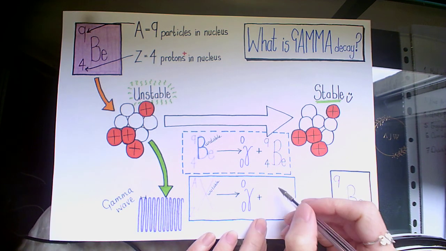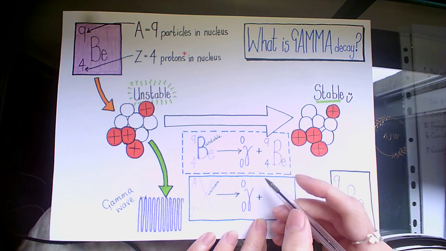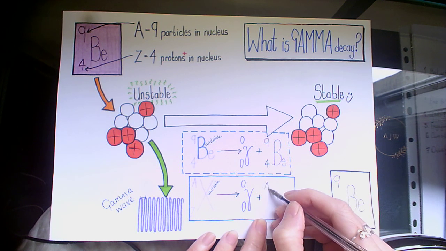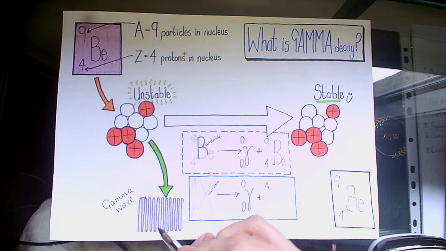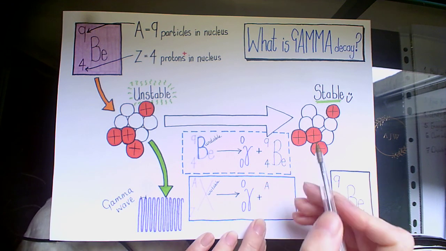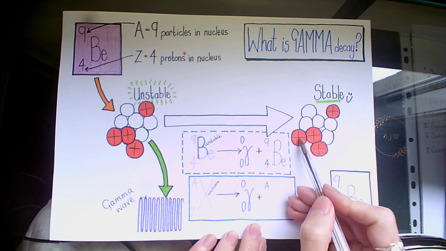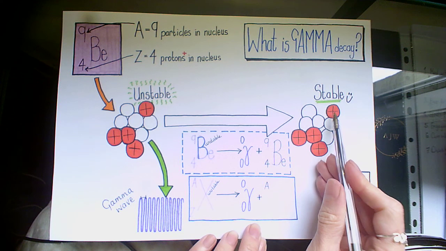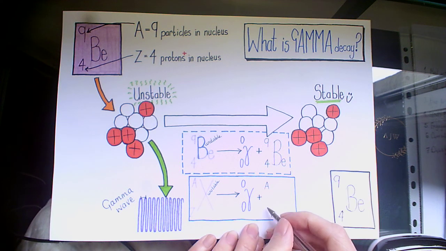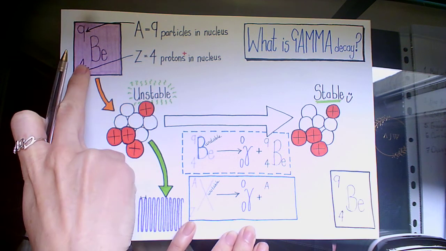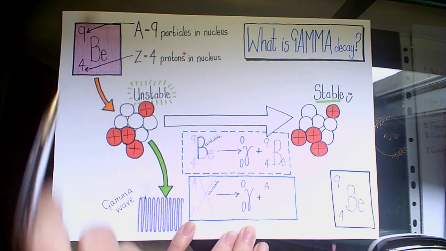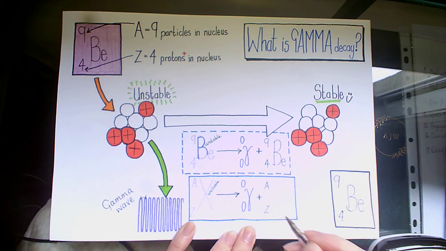And now we can see that because nothing has been removed from the nucleus, A stays the same. Well, a wave has been removed from the nucleus, but no particles have. And the number of protons is the same. 4 of those particles are protons. So Z, the atomic number, has not changed. So we'll leave Z as Z.